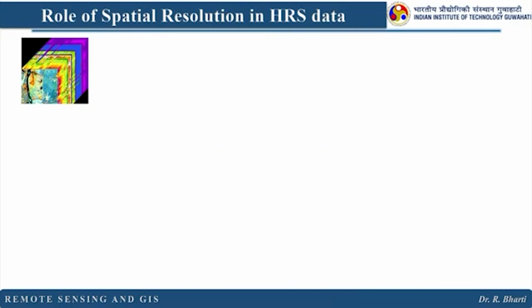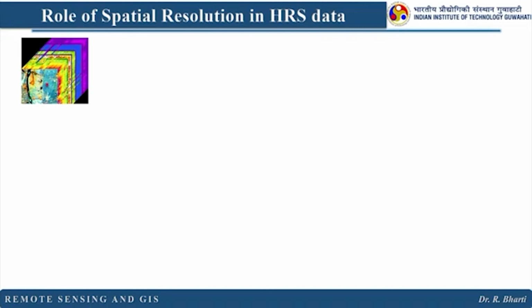So here one thing we need to understand very carefully, that is the role of spatial resolution in hyperspectral data. It is very important to understand what exactly we mean by spatial resolution and its implication in hyperspectral remote sensing. So assuming this is our pixel, can you see this red dot? You can see here, right.